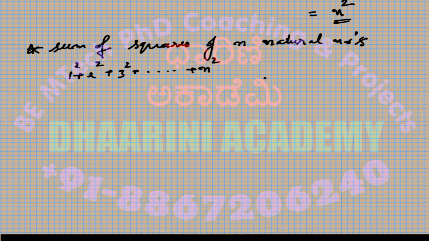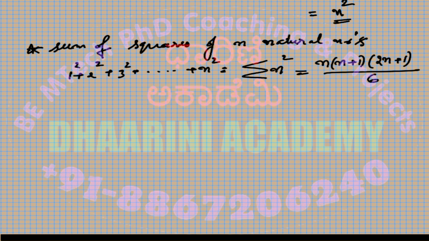This is nothing but summation of n squared. There is actually a formula which can be derived, but as of now I'll write it directly. So that is n into n plus 1 into 2n plus 1 divided by 6.